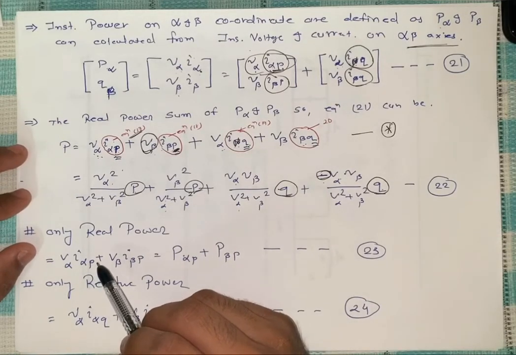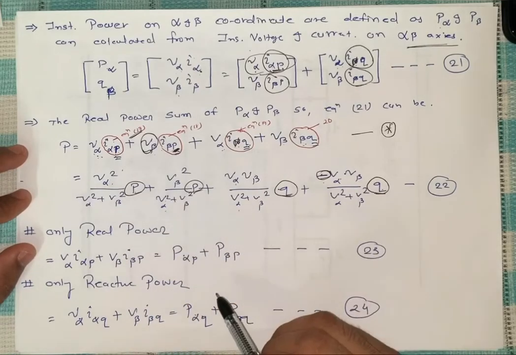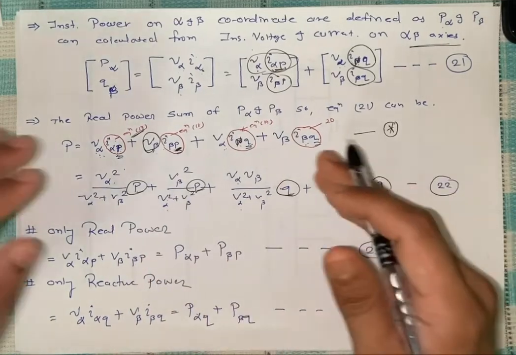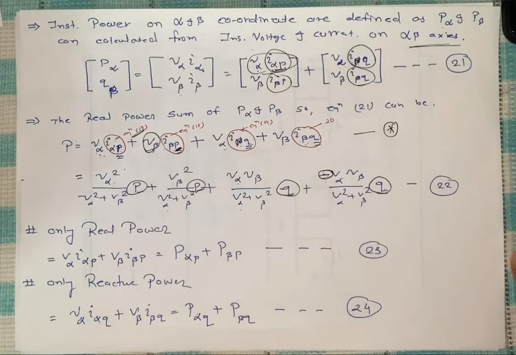Now further we have PPQQ: the active form and the reactive form are separated. That is the reason we do the Clark transformation.